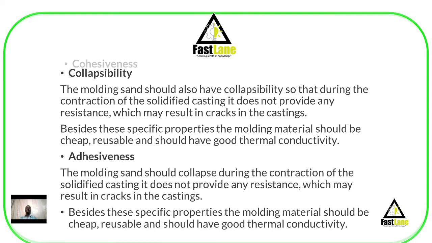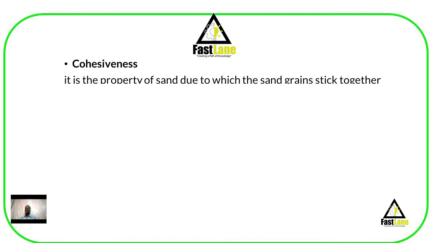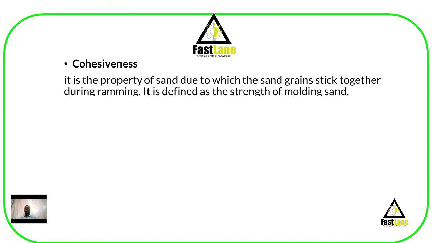Then we have cohesiveness. That is also a property, because we know very well that cohesiveness and adhesiveness go hand in hand. Therefore, cohesiveness may be the opposite of adhesiveness. I hope that is clear. So cohesiveness becomes a property, adhesiveness also becomes a property. We have another property, reusability.